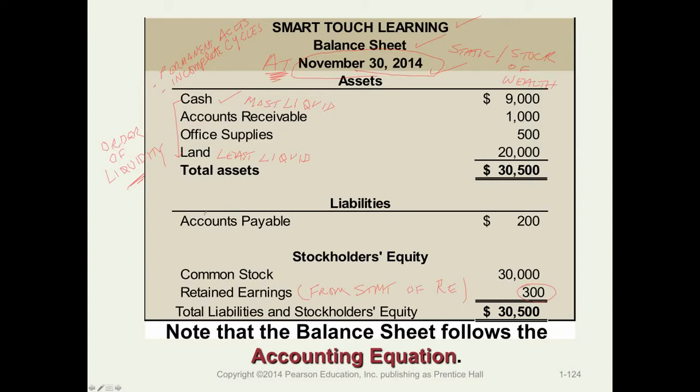Accounts payable, or liabilities, are listed in the order of maturity. Order of maturity means that the most current come first and then long term.